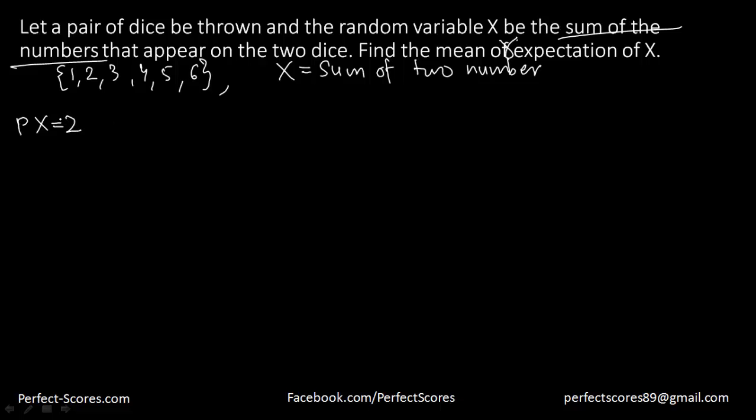So let's try to find the probability of x being equal to 2. In how many ways can you get sum 2? There is only one case, 1 comma 1. That is the only way you can get sum 2.